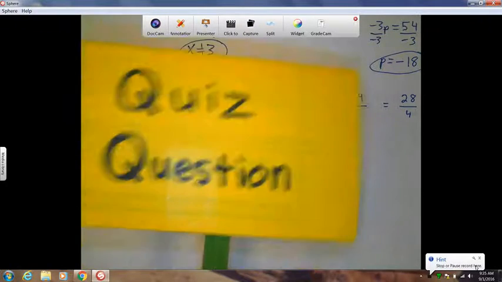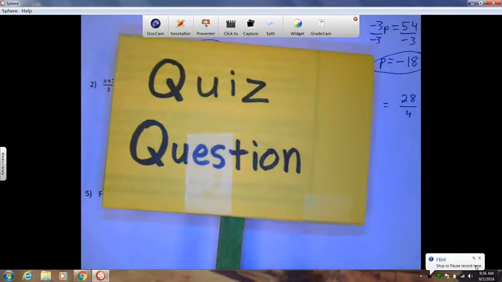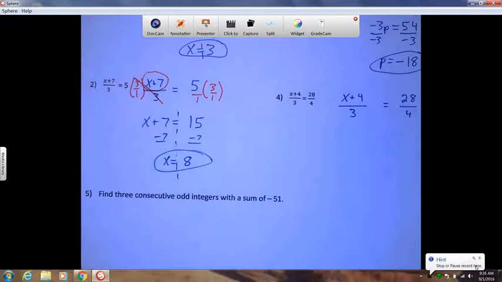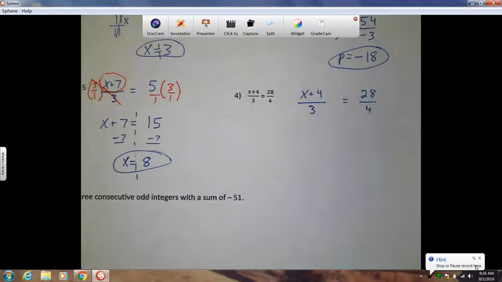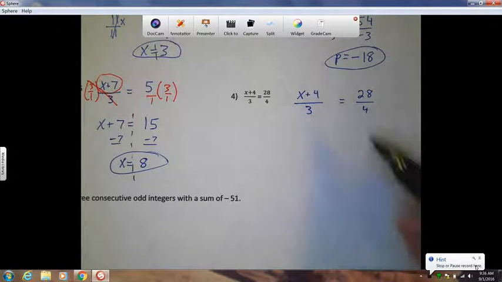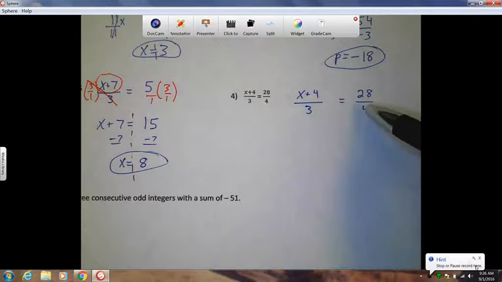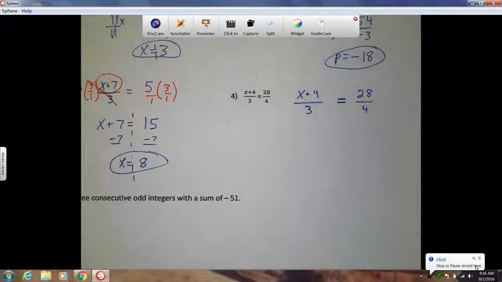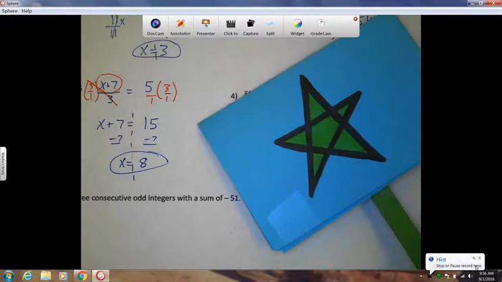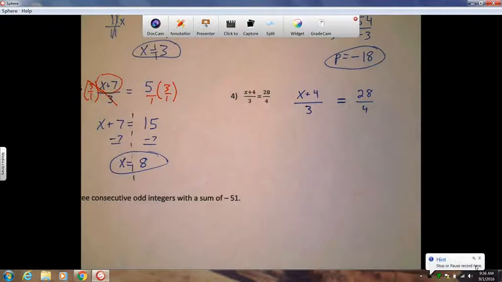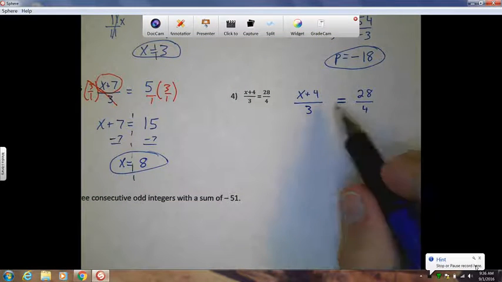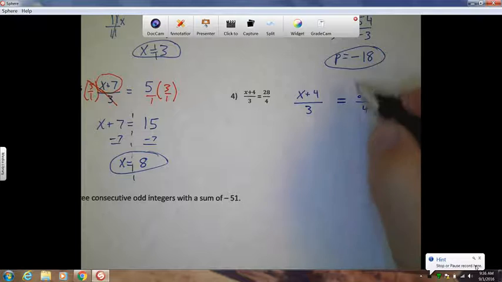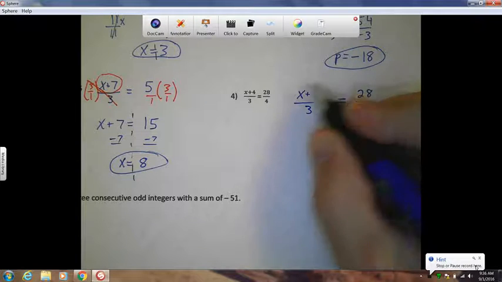That's something you're going to want to remember because it's a common mistake. Okay, if I look at this, what I have is two fractions, and they are on either side of the equal sign. So remember, I can cross multiply in this case because I have a fraction on both sides of an equal sign and there's nothing else over here.